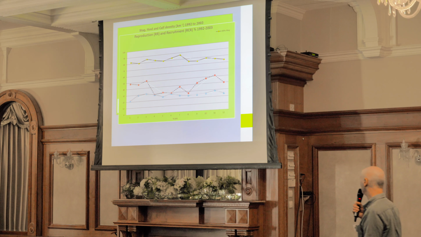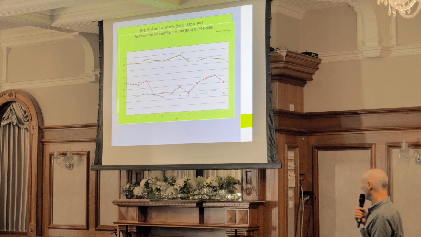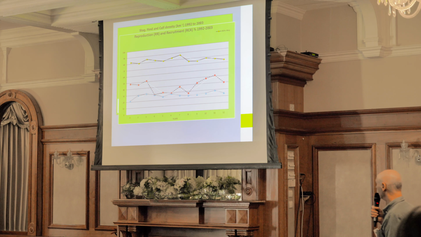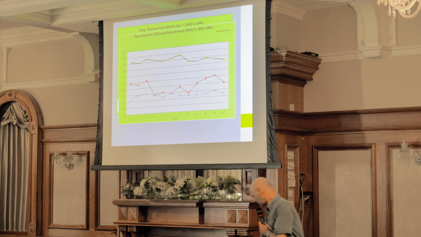And basically, if you were to go by the reproductive rate, you would think, well, 80% is really high, but the recruitment rate actually averaged out at about 26%. So the big difference from the top to the bottom.